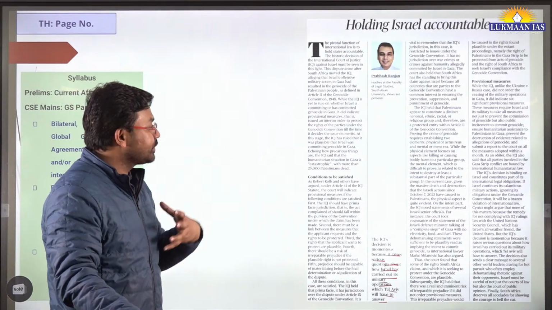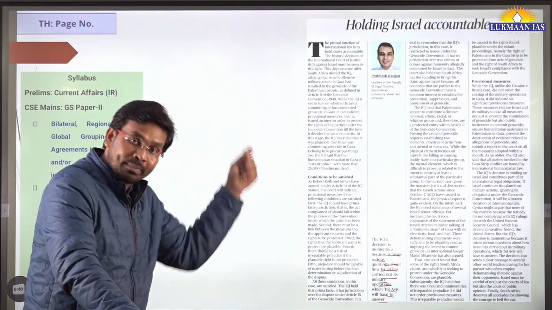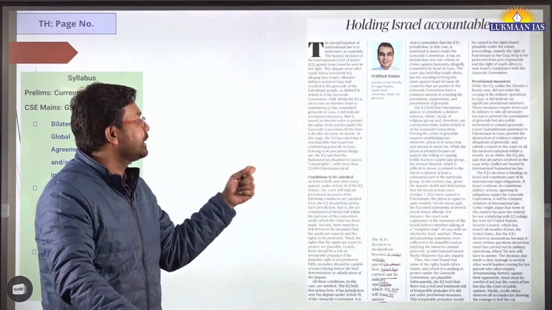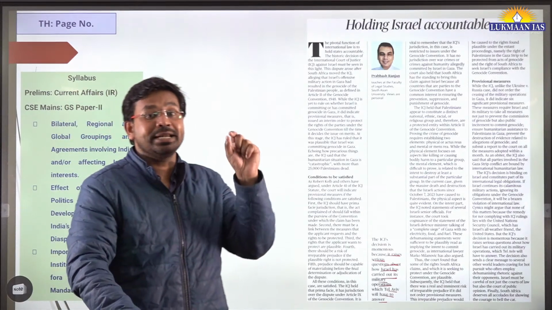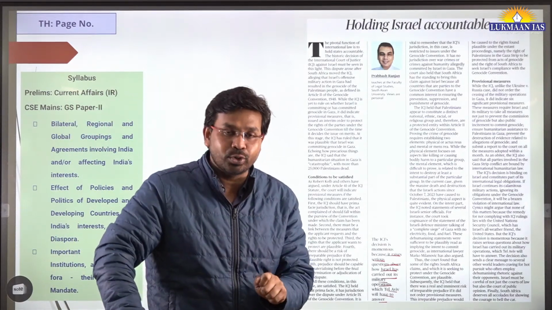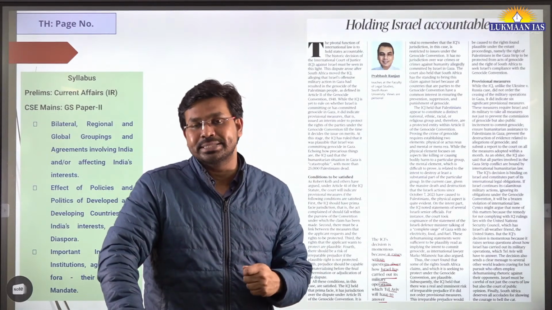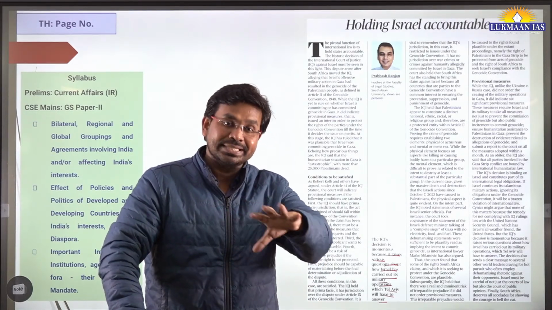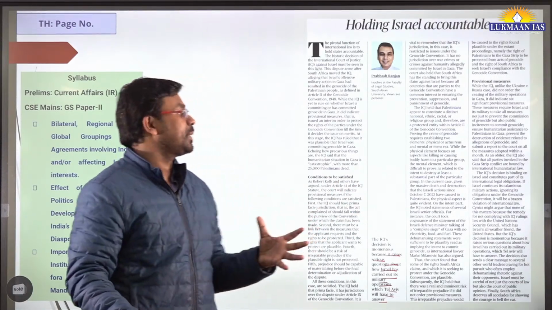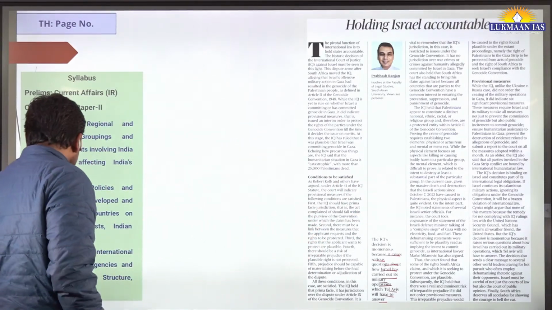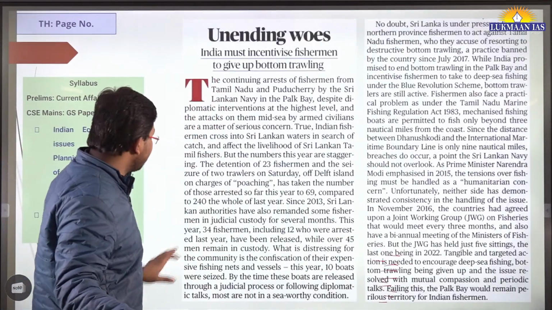The International Court of Justice has issued interim orders after looking into multiple aspects, and the final thing in the interim order is that Israel should stop genocide and answer the court within 1 month. Why the International Court of Justice? Because it is considered to be the world court. All the countries that are members of the United Nations organization are members of the International Court of Justice as well.